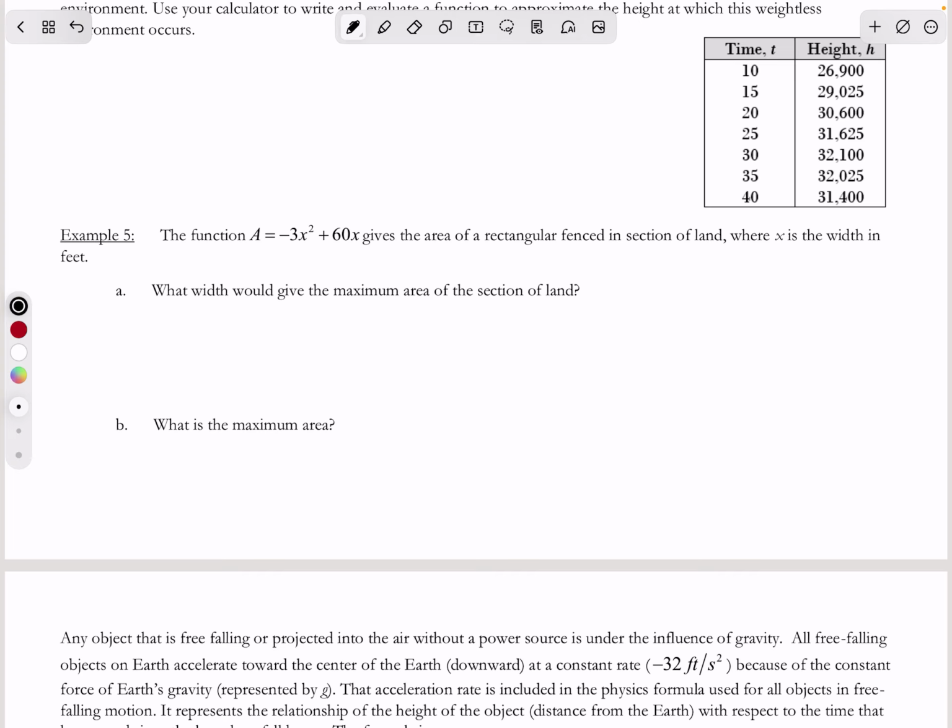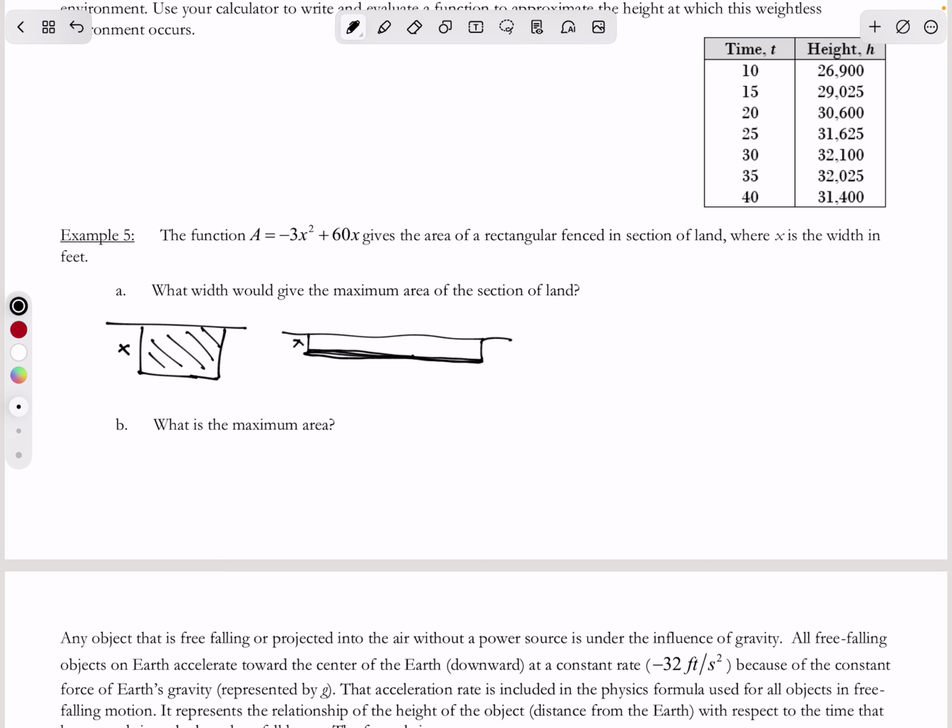So these kind of problems in example 5, I don't want to get too specific with these and bog you down with details, but typically you have a fixed amount of fencing. Depending on the length x that you choose for the width of the fence, you could have something like this that has a relatively large area, but you could make x really small, meaning you'd have more fence available to make the fence longer.